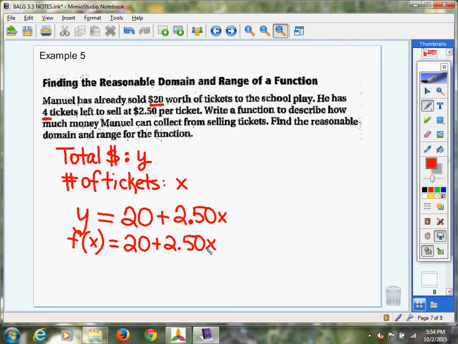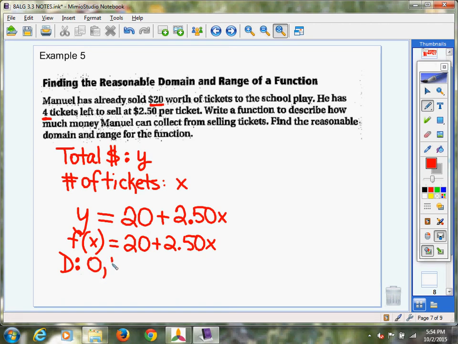Okay, so to find the reasonable domain and range, and remember, your domain is your x. He only has 4 tickets. That's all he's got left is 4. He doesn't have an endless supply of tickets. So he could sell none of them.